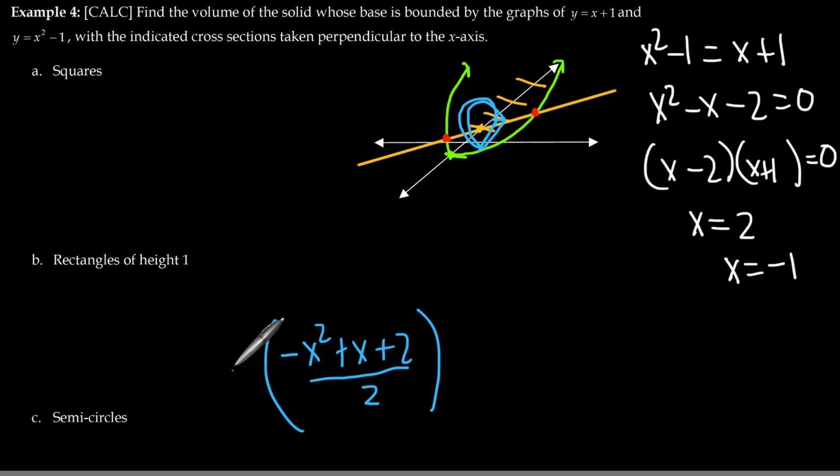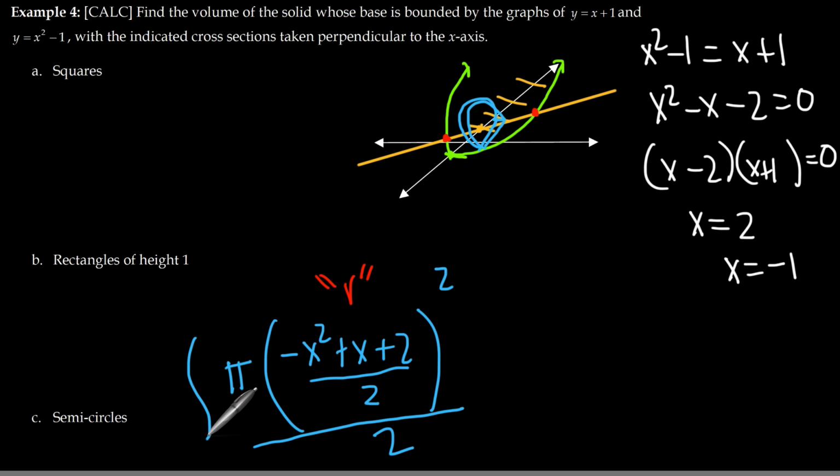And then I need to plug that into my formula for the area of a semicircle. So pi, and we'll call this, once again, r, our radius, pi r squared. And it's a semicircle, so we need to divide it by 2. And we need to integrate from -1 to 2.